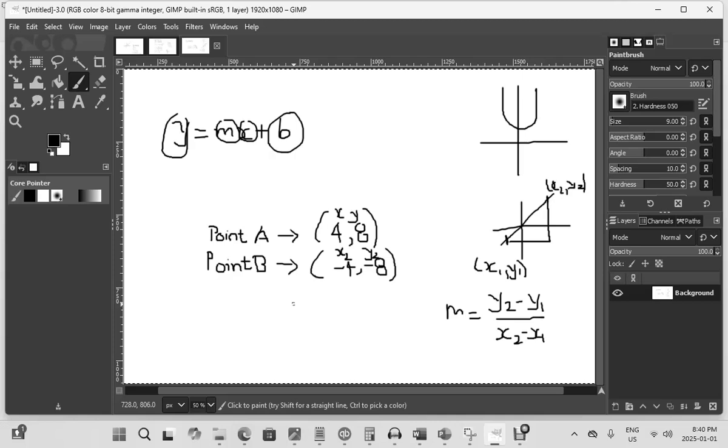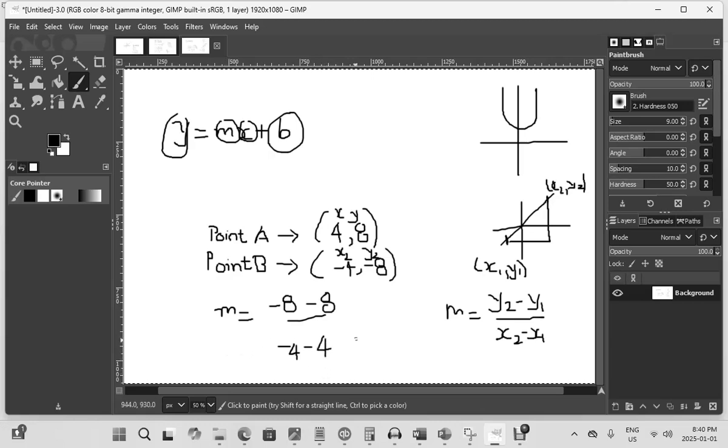Now what you're doing is finding the slope. To find the slope: -8 minus 8, over -4 minus +4.